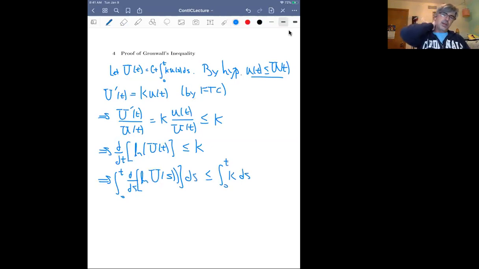It's worth thinking about that line at least briefly. Why can I integrate both sides and maintain that inequality? Well, it has to do with the fact that everything in sight is positive. That little u, remember, is assumed to be positive. So that means that u prime is positive. If little u is positive, then capital U, because it's its integral, is also positive.